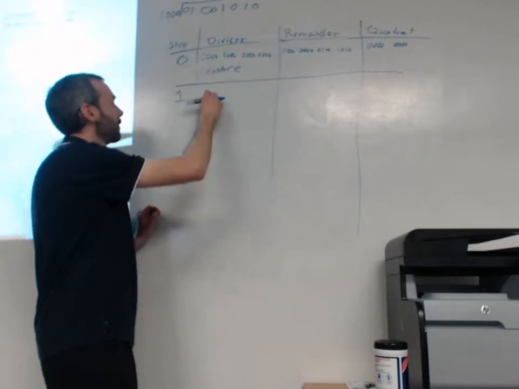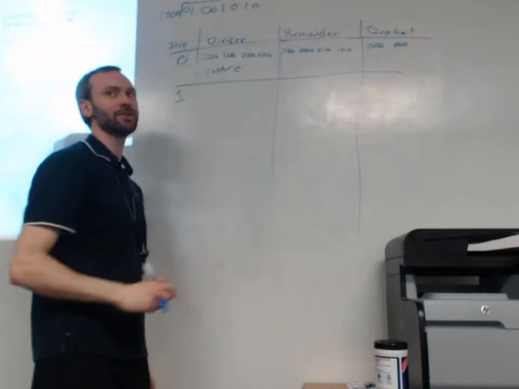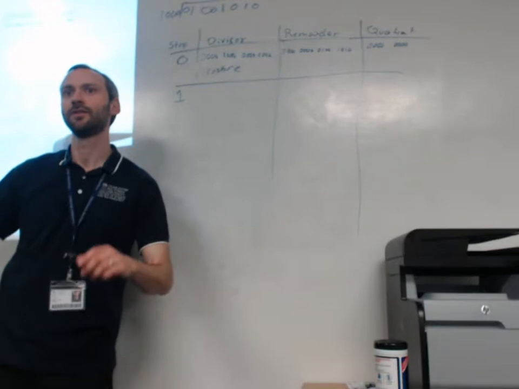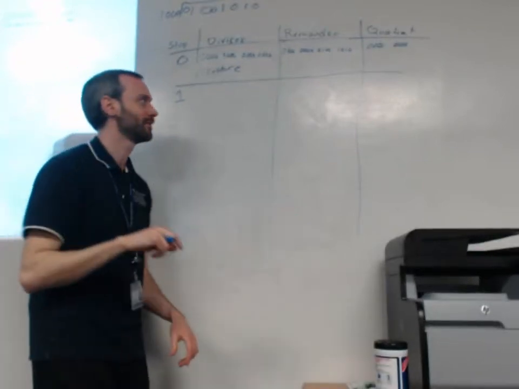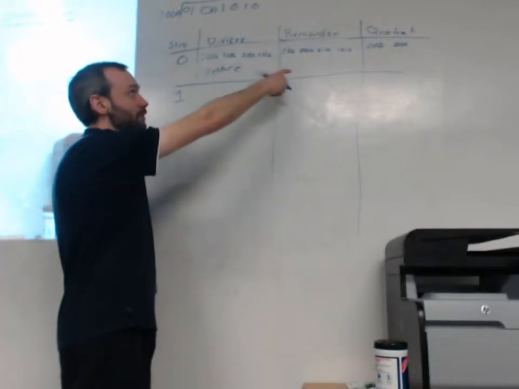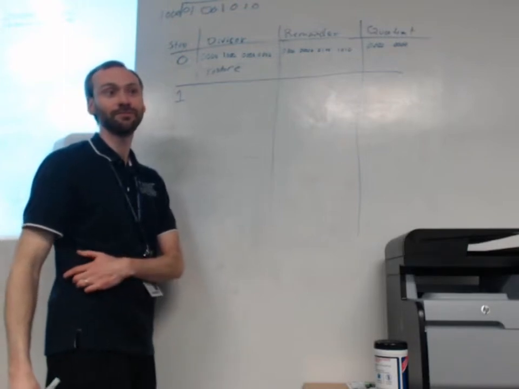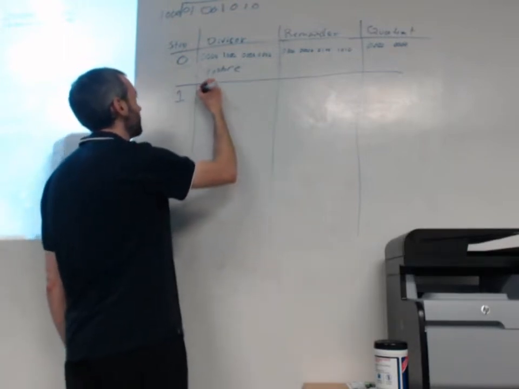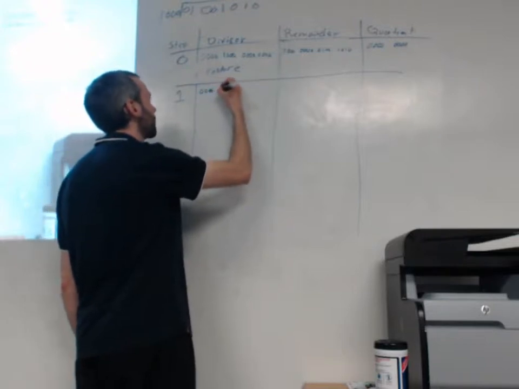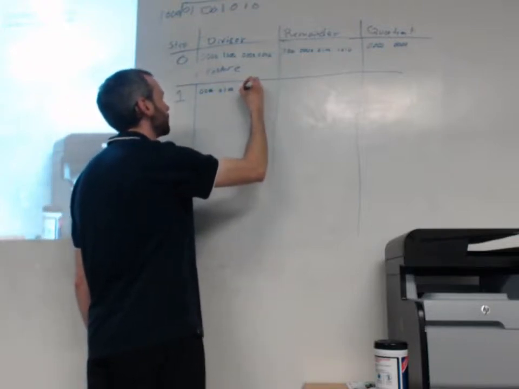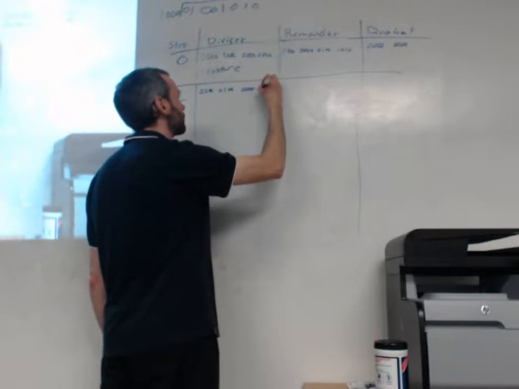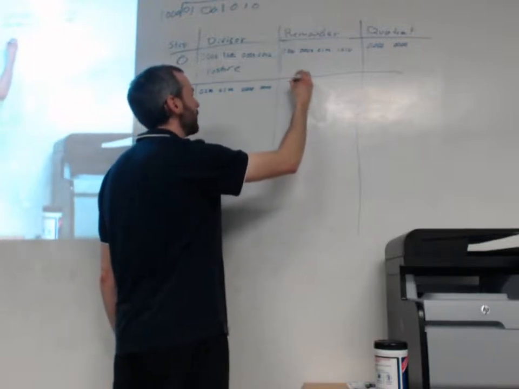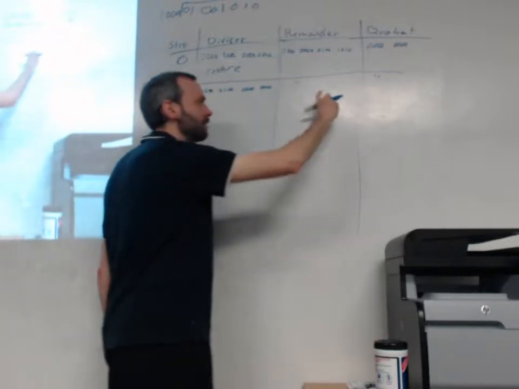Step 1. What happened to the divisor? It got shifted to the right. The divisor's got to get smaller so that the remainder will get useful. All right, so let's go ahead and write that out. The remainder's still the same, quotient's still the same.